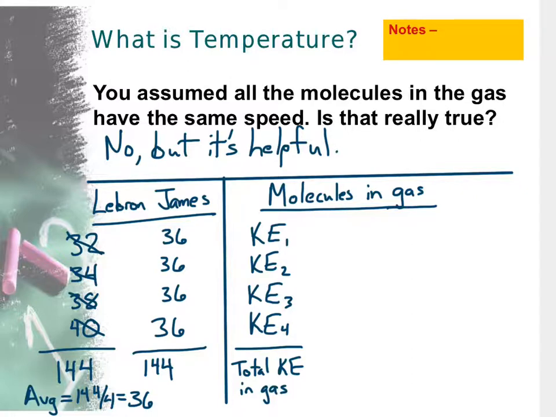Now, I could replace each of those with the average kinetic energy for each gas molecule, and I would still come up with the same total kinetic energy in the gas, right? Well, that's like saying that we are assuming that each of these molecules has the same speed. So in a sense, we can assume that molecules in the gas have the same speed as long as we're talking about the average speed.